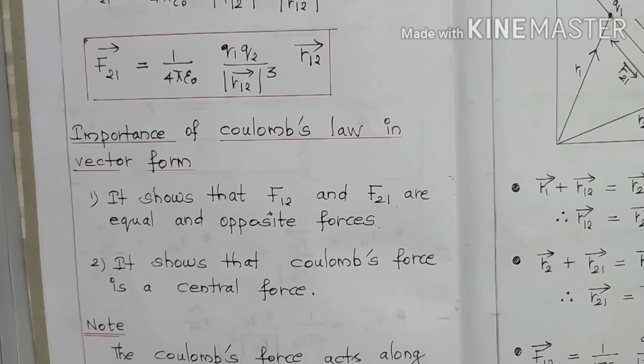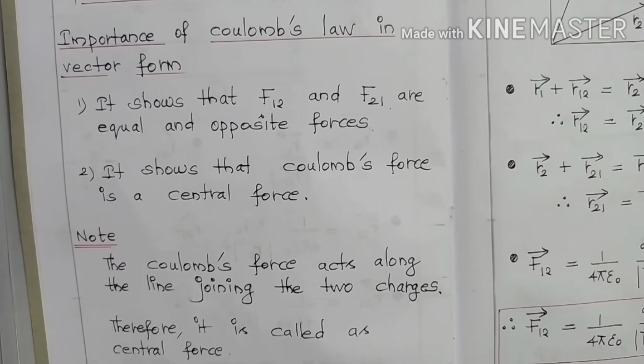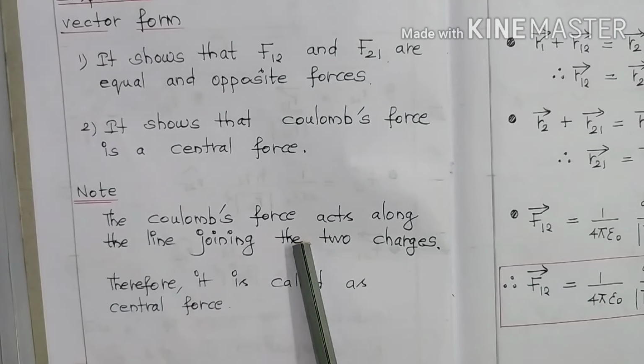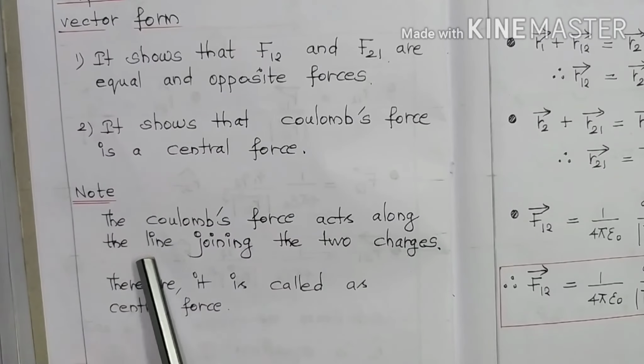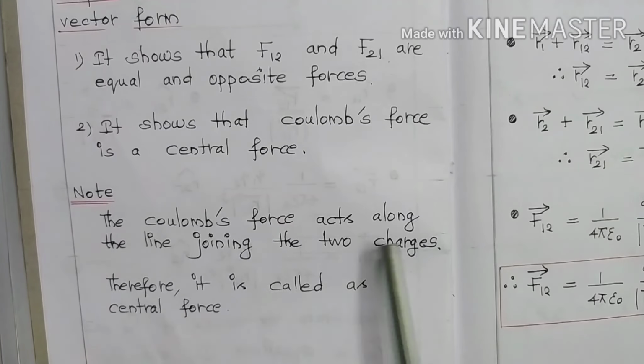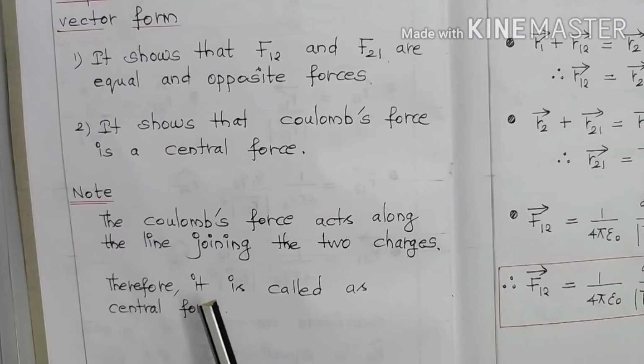What is meant by a central force? Here I have given the note 2. It says that the Coulomb's force acts along the line joining the two charges. It always acts along the line joining the two charges. Therefore, it is called a central force.